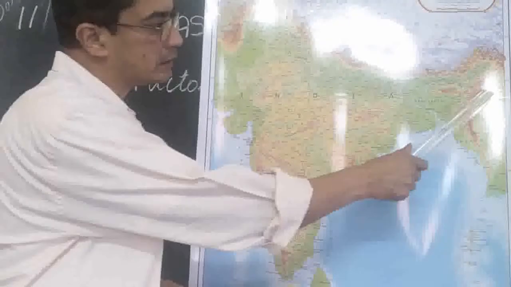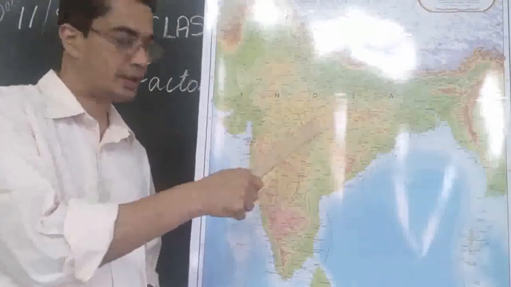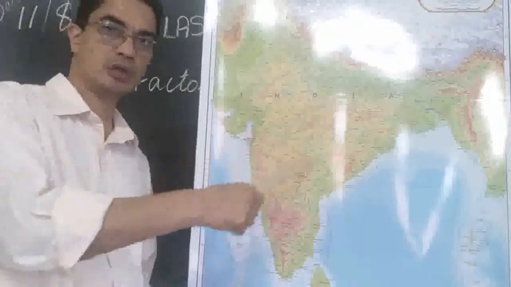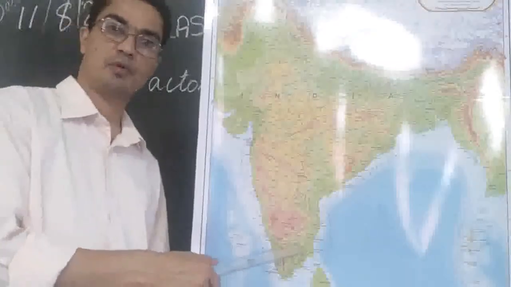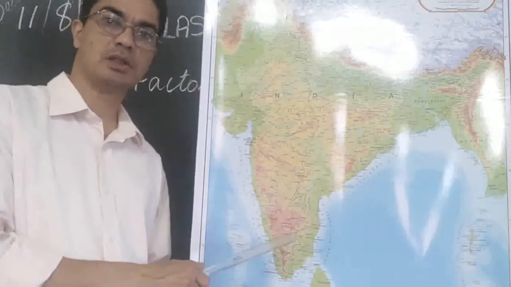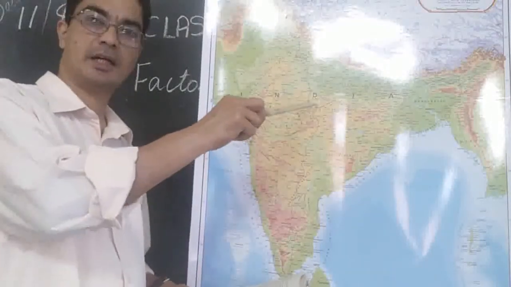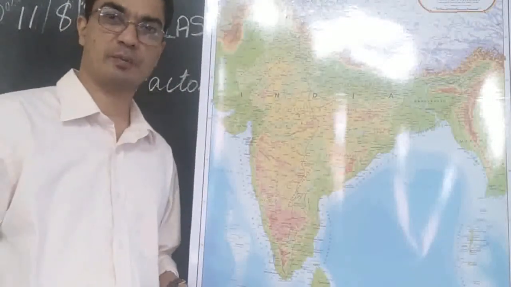So Tropic of Cancer is passing through this way, and so this half of India, that is the south of this Tropic of Cancer, that means below the Tropic of Cancer, they have what type of climate? They have tropic climates. And naturally the areas that are above the Tropic of Cancer, they will have what type of climate?